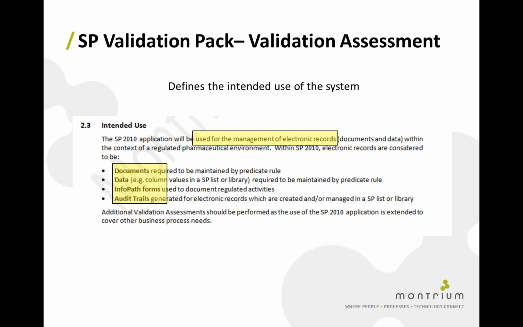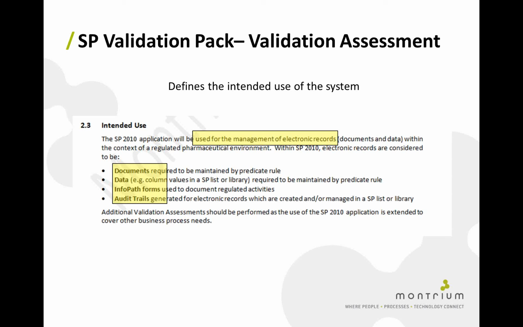And this document is a very important document because it really provides our rationale as to why we feel we need to validate the system and what is the scope of validation or the intended use of the system. And this is a document that we would typically present to an inspector or to an auditor to clearly show them our thinking, and this really then is used as our baseline to then define our validation strategy and all of the various different documents that we're going to produce afterwards to be able to validate the system.